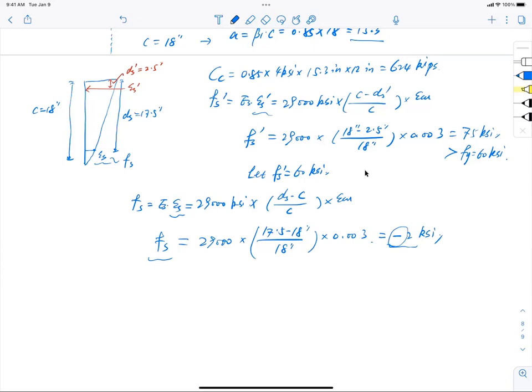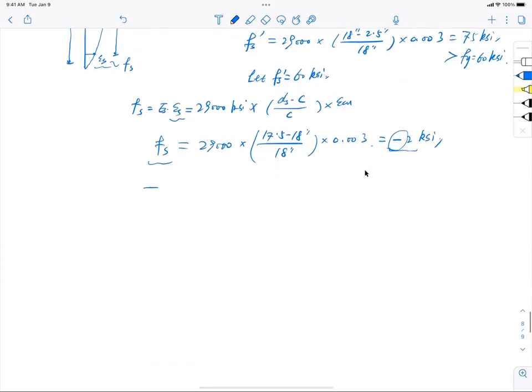So the tension force, quote unquote, it's not real tension anymore, but let's say this tension force still equals As Fs, 2 inch squared of steel multiplied by negative 2 KSI. So that is negative 4 kips. It's actually in compression. How do we reflect that?